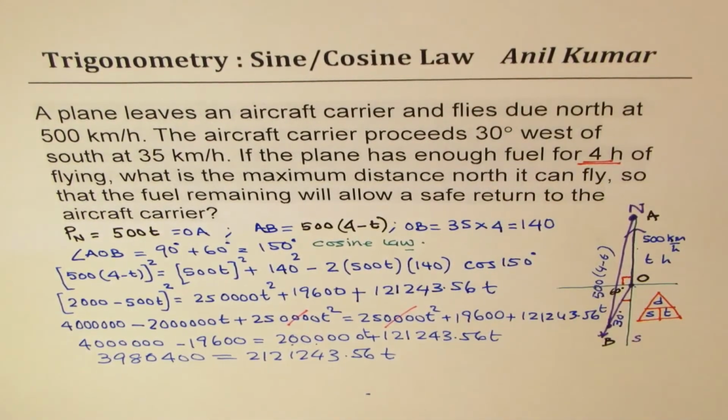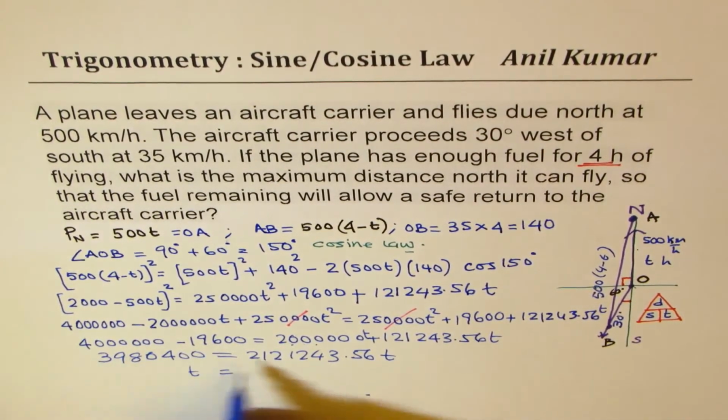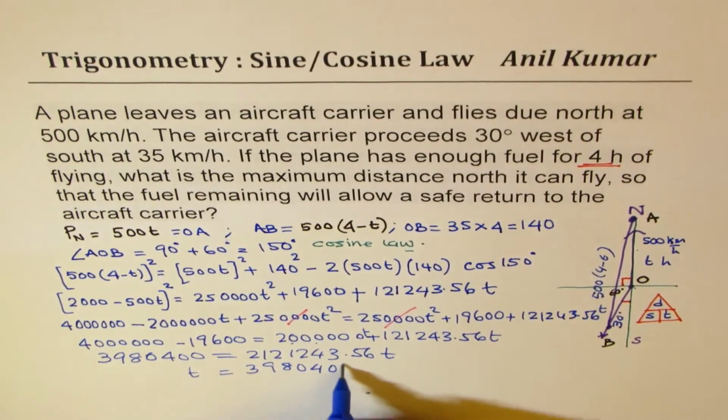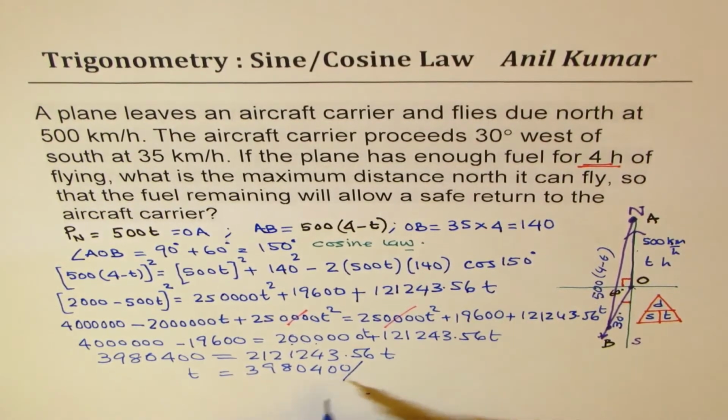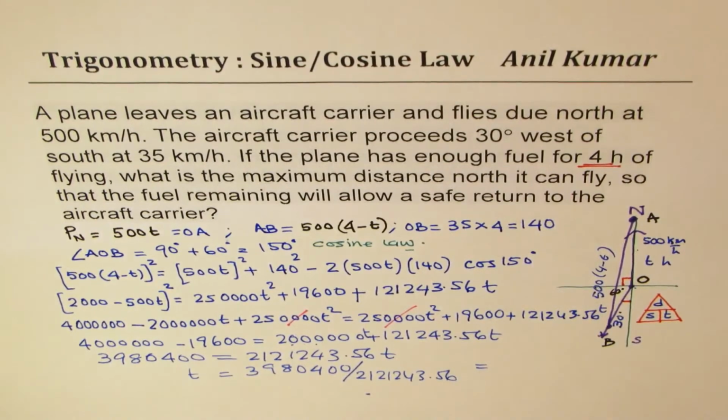Right? So from here we can find what t is. So t is equal to this divided by that. So 3980400 divided by 2121243.56 equals to, let's do that.